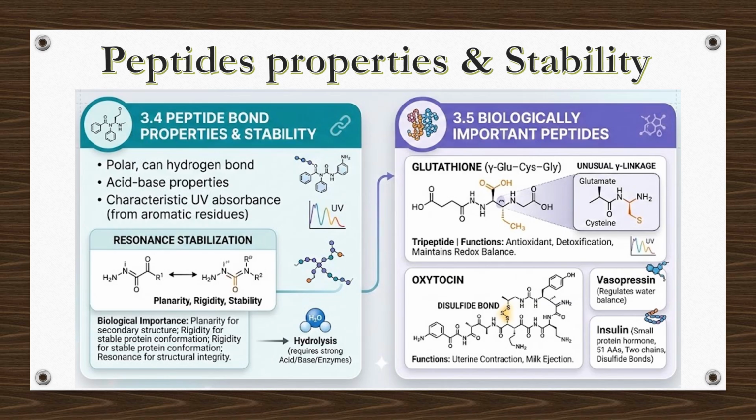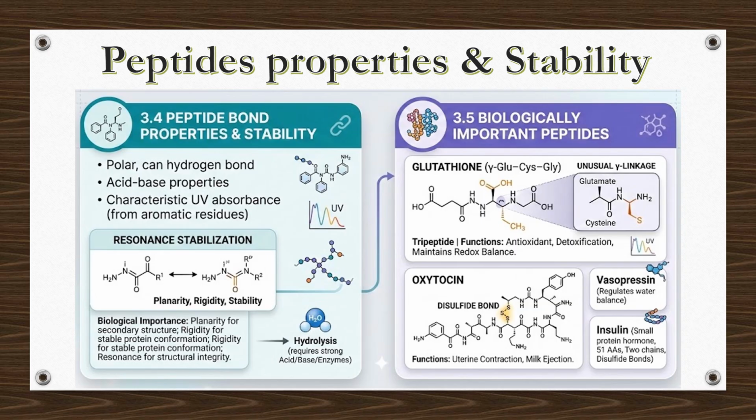The peptide bond is remarkably stable. Under normal physiological conditions, it resists hydrolysis for hundreds of years, ensuring that proteins maintain their integrity once formed. Hydrolysis does occur under extreme conditions, such as strong acid or base treatments, or through the action of proteases.